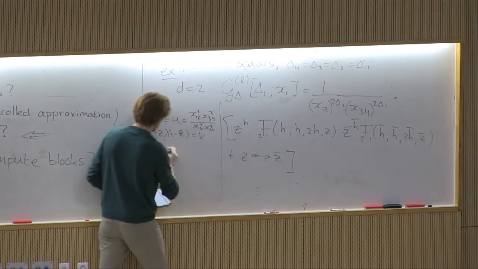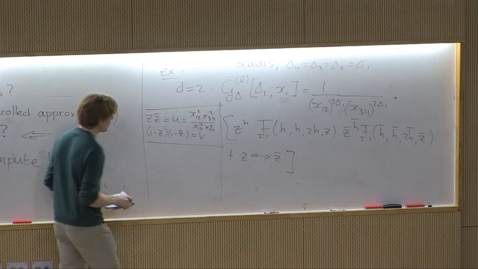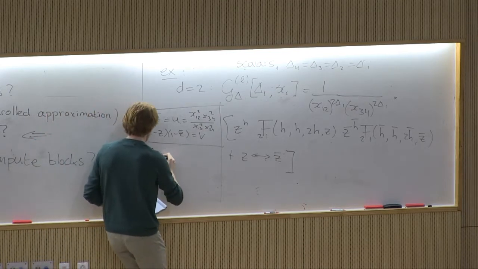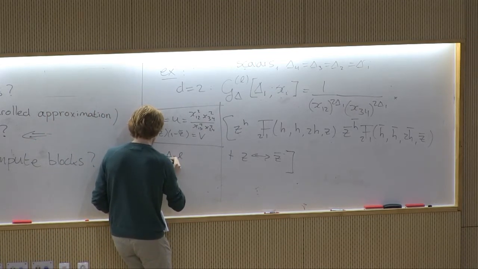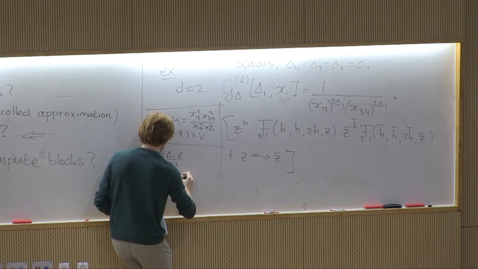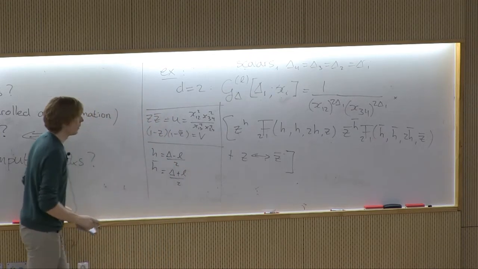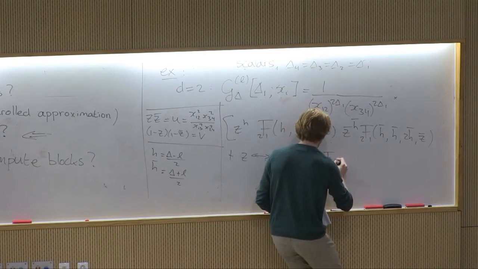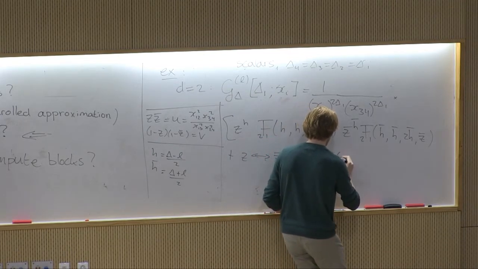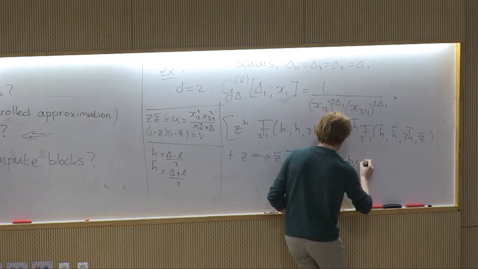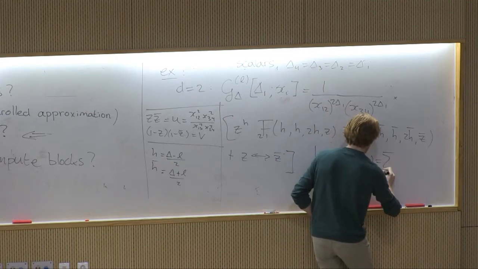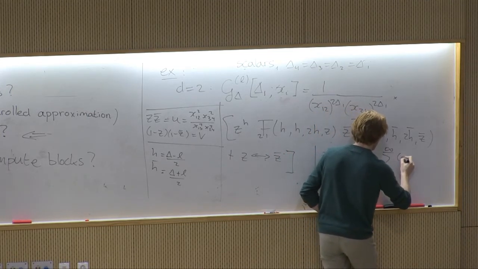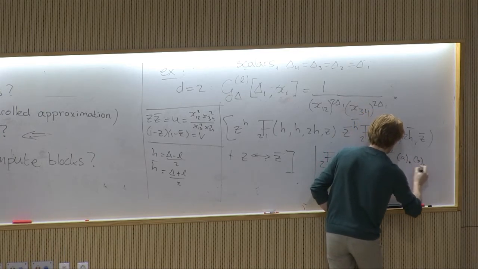So this defines the z and the z bar, and h is delta minus L over 2, h bar is delta plus L over 2. And F is a hypergeometric 2F1 of a, b, c, z equals a sum, n equals 0 to infinity, of a_n b_n over c_n n factorial times z to the n.